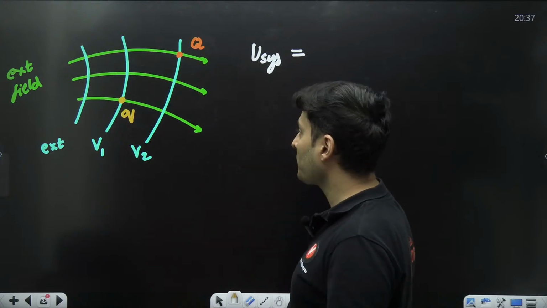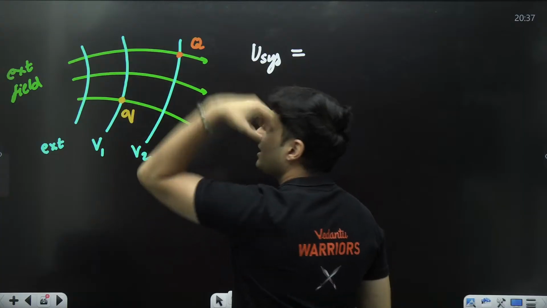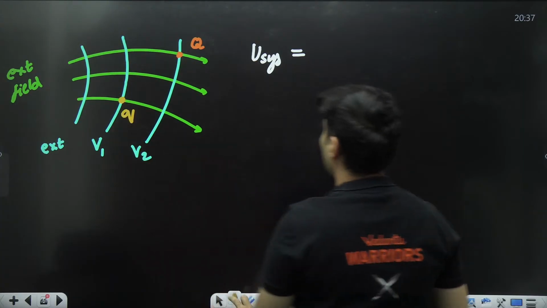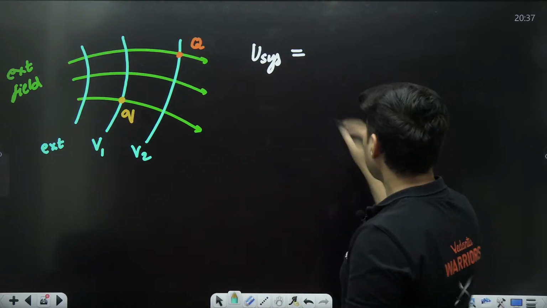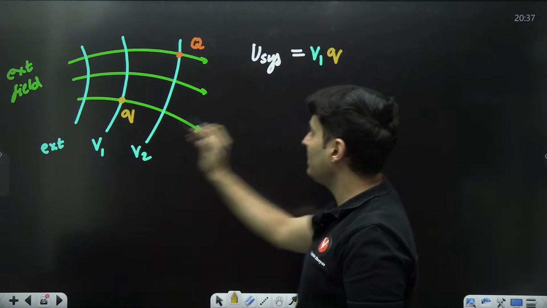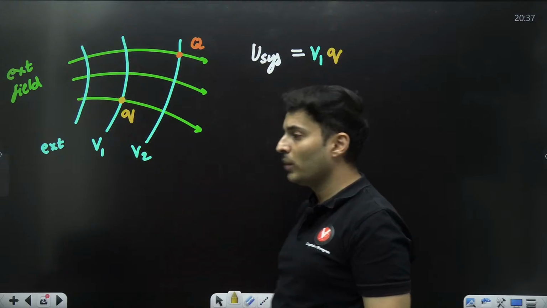Observe carefully. Just because I place this charge Q in some external field, it will have an energy of V1 into Q. Agreed on this? This charge, because of the external one, will have V1 into Q energy.